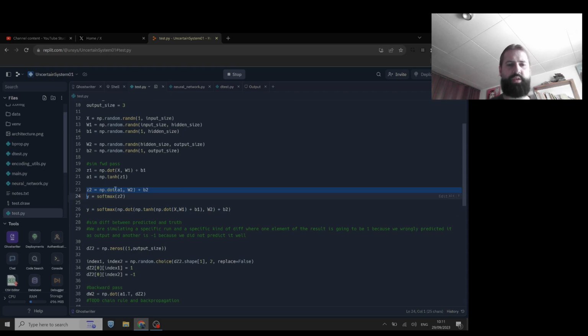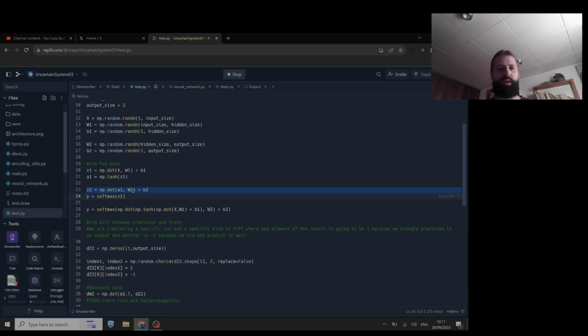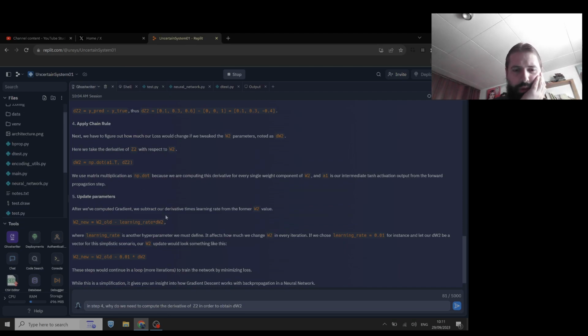Like Z2 is this. I get it. That's where W2 is. That's the main parameter, right? But we're optimizing the loss function. Why not?